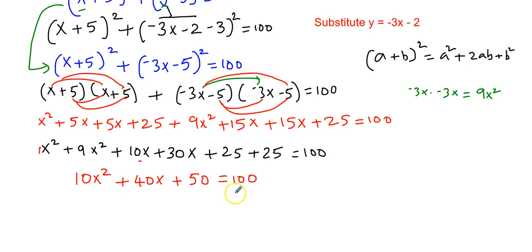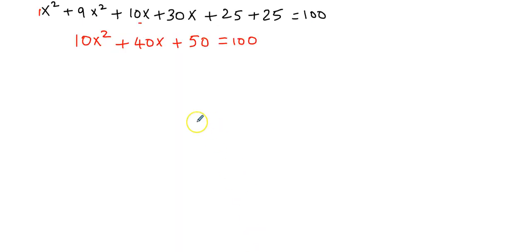Alright, now I can do one of these two things. I either divide everything by 10 because 10 is the greatest common divisor, or I'll move this 100 to the left hand side. Okay, let us do that part.